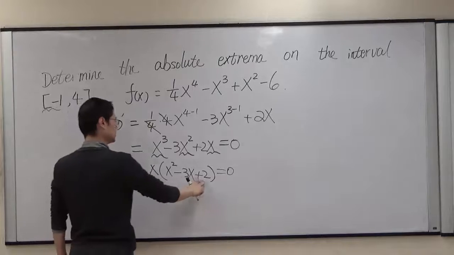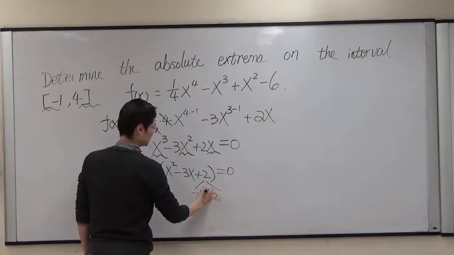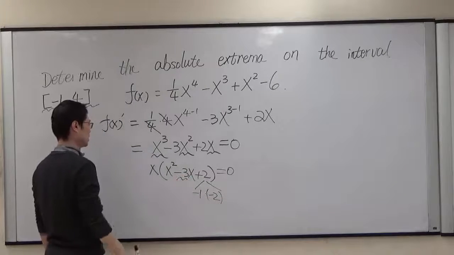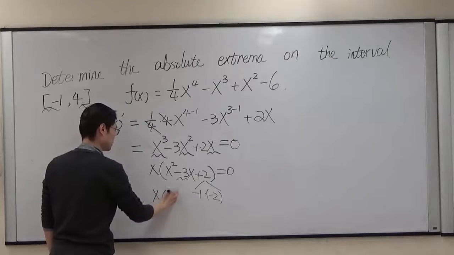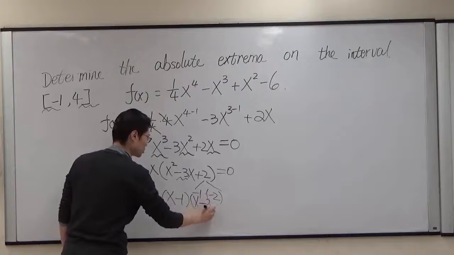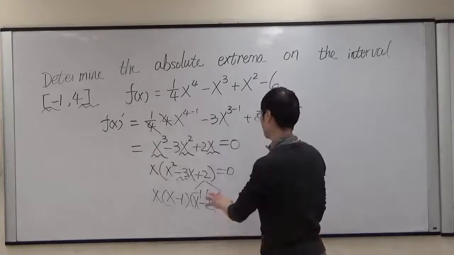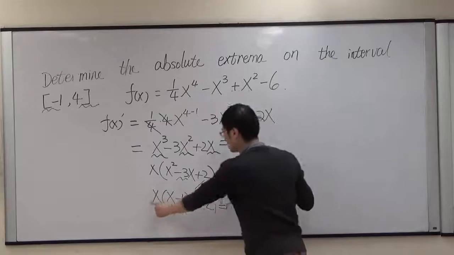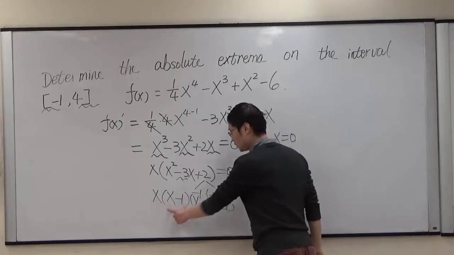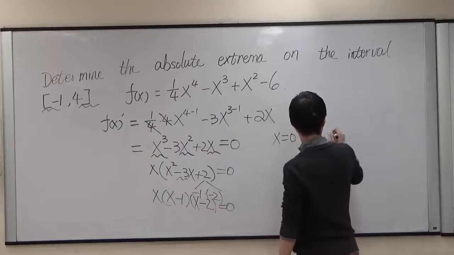Since positive 2 can be -1 times -2, and -1 plus -2 gives me -3, now I have my factors: x minus 1, x minus 2 equals 0. Now I have my critical numbers. There are 3. The first one is x equals 0, the second one is x equals 1, the last one is x equals 2.